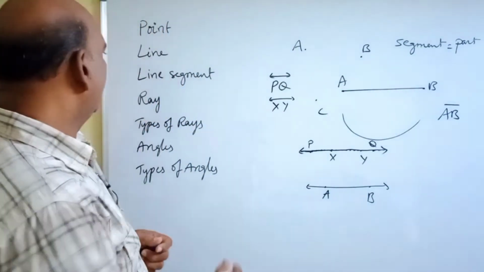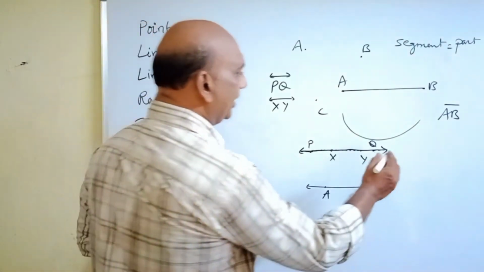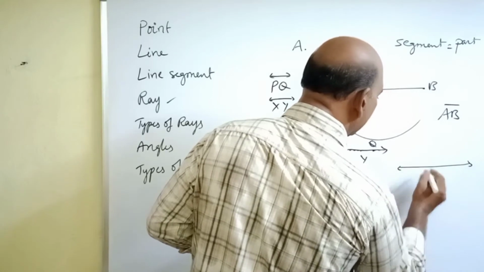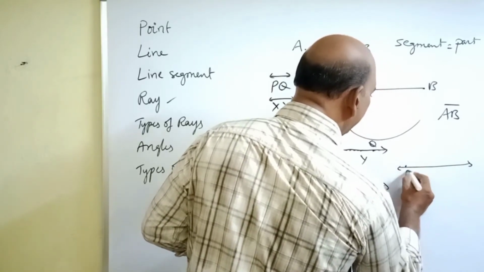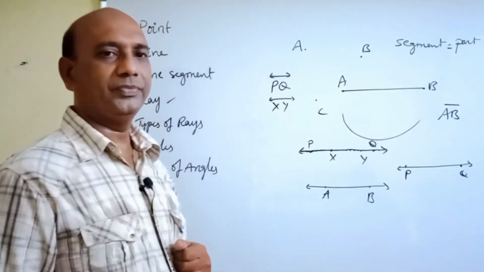Next, ray. Ray means, in a line, suppose this is line PQ.